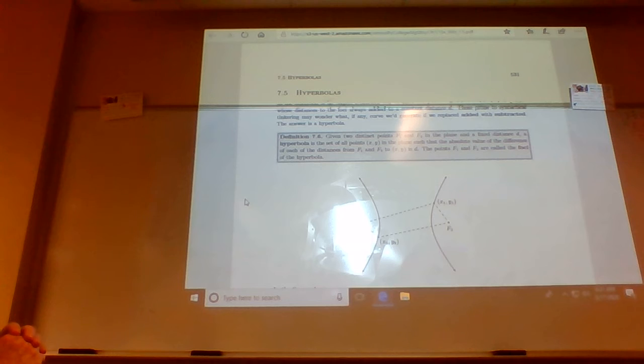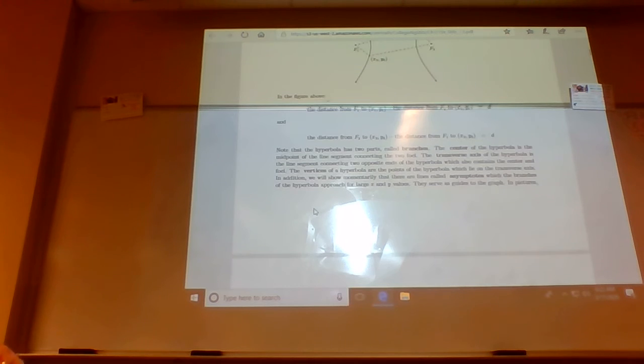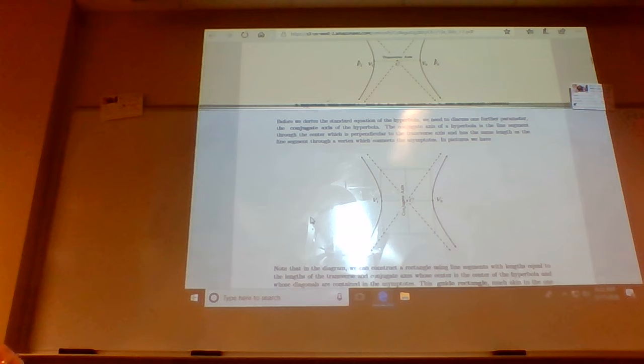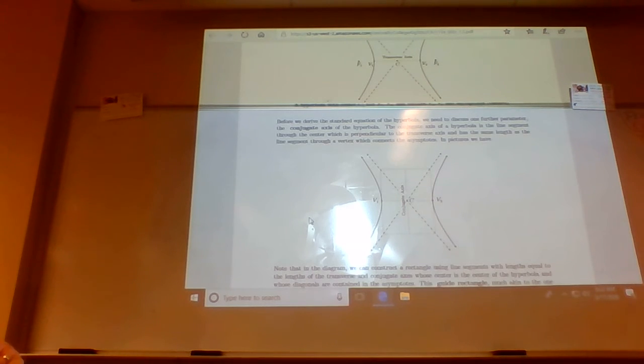So there's your key fact. Differences instead of sums. Ellipses were sums of the distance. And here we are talking about differences. So coming on down, there's a lot of little vocabulary kinds of thoughts. This is how we normally draw them. We figure out what these axes are. These axes are the same axes, a and b, that we had in the ellipse.